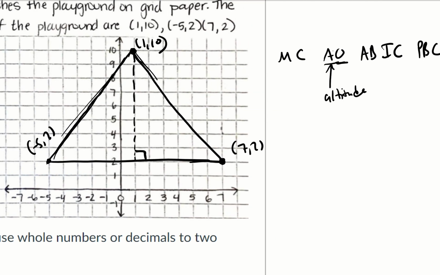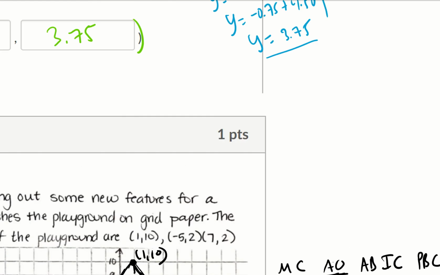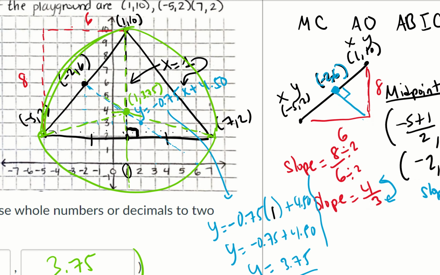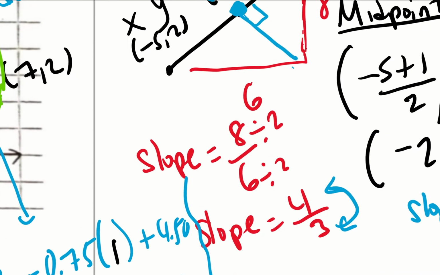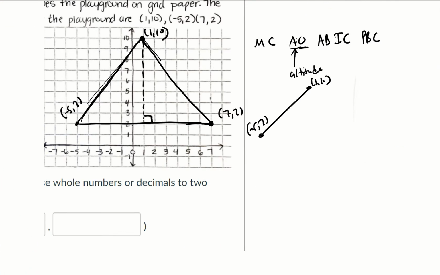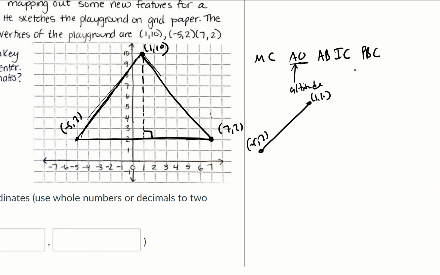Well, we said it earlier, it was the slope of the negative 5, 2 line and the 1, 1, 0 line. If you go back, the slope was 4 over 3, right? So that was the slope of that one. And so the slope of the perpendicular line has to be negative 3 over 4, right?